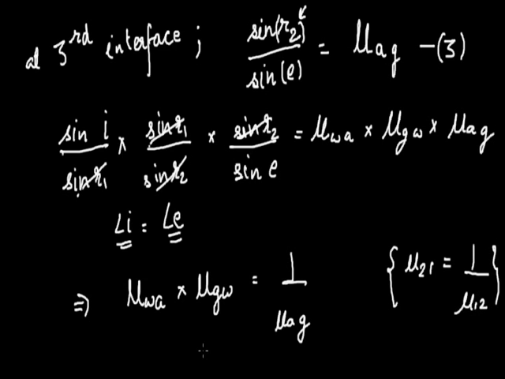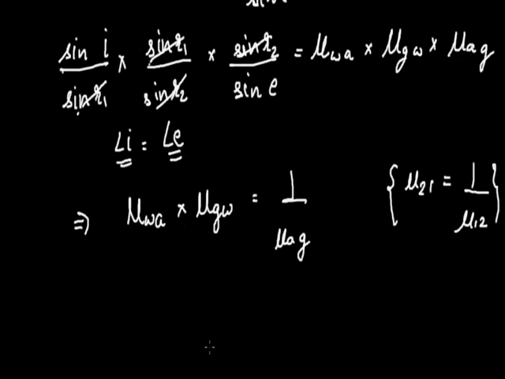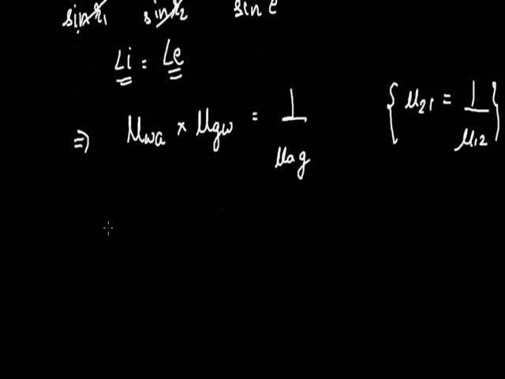So applying this information here, we can rearrange the above equation as the refractive index of glass with respect to water is equal to the absolute refractive index of glass upon the absolute refractive index of water.